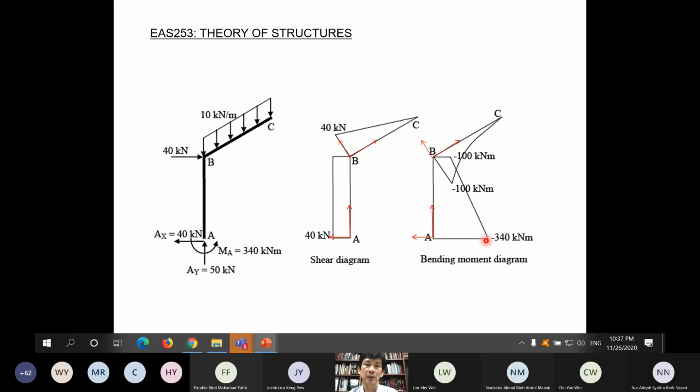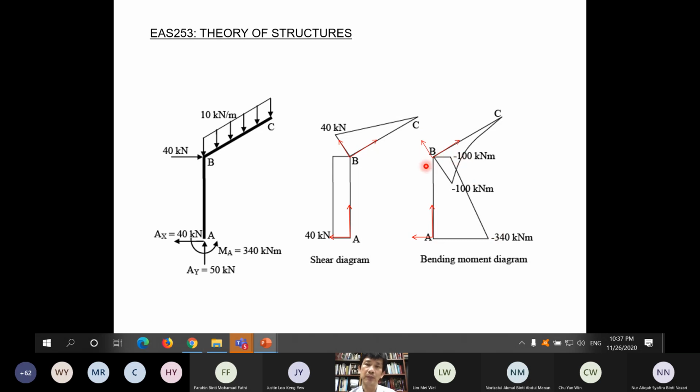Now, there is one particular check you can do at a rigid joint where there is no concentrated moment acting. The moment you calculate for BC at joint B and the moment you calculate for AB at the same joint should be the same. From this diagram it is -100, and from this part the diagram is also -100.